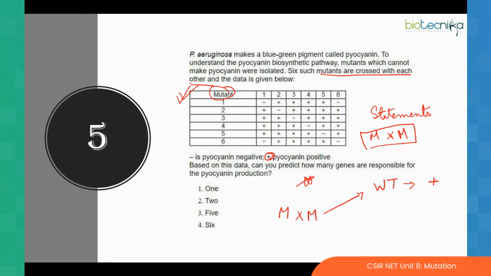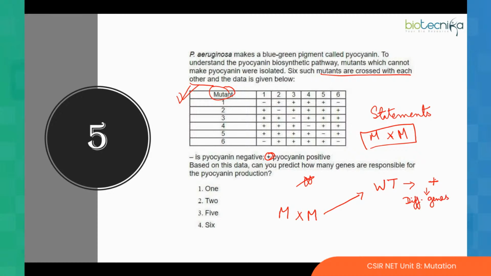So even though the mutations produce mutants with similar phenotype, the mutations are occurring in different genes. If the wild type phenotype is produced on crossing a mutant with another mutant, that means complementation has happened, which means these mutations are in different genes.